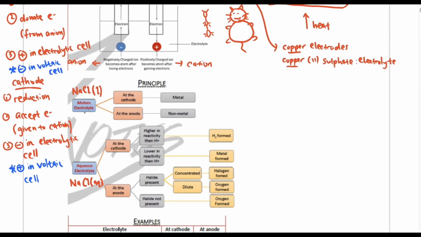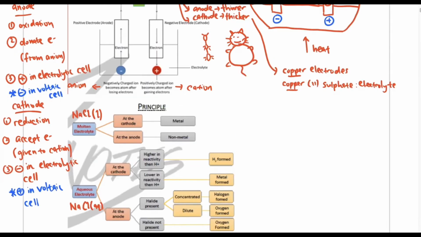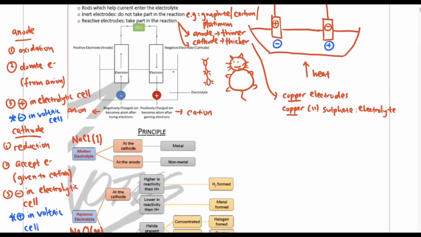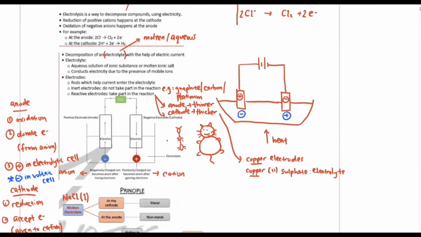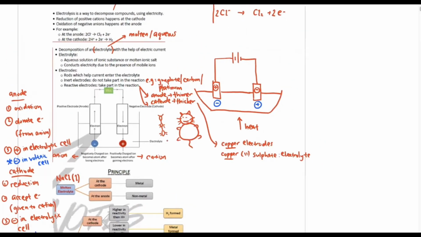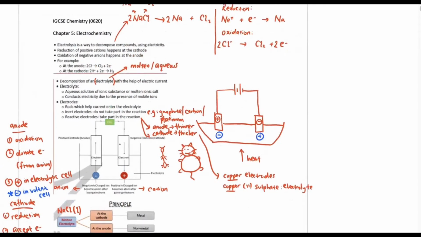Okay, if you are using molten, you should expect a crucible to be used. After that, at the cathode, you will see metal. Let's recall.